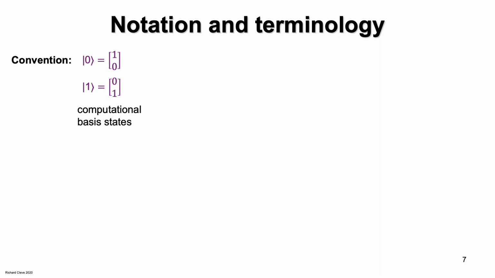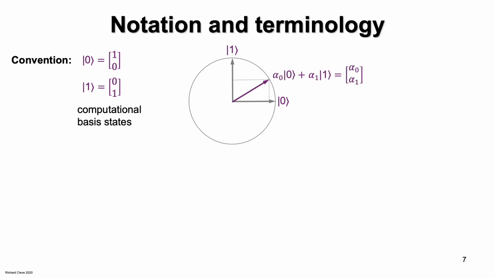By the way, orthonormal means orthogonal and of unit length. These two states are commonly referred to as the computational basis states, and all other possible states are linear combinations of them. For quantum states, these linear combinations are also called superpositions.